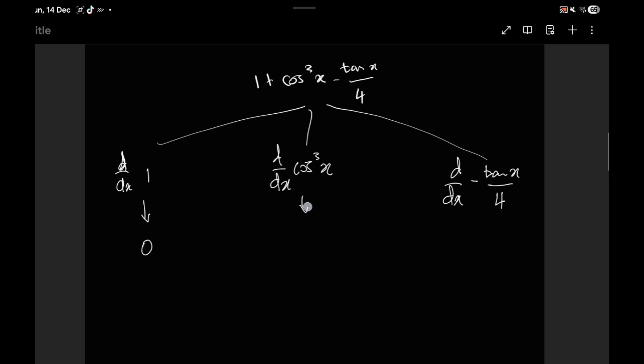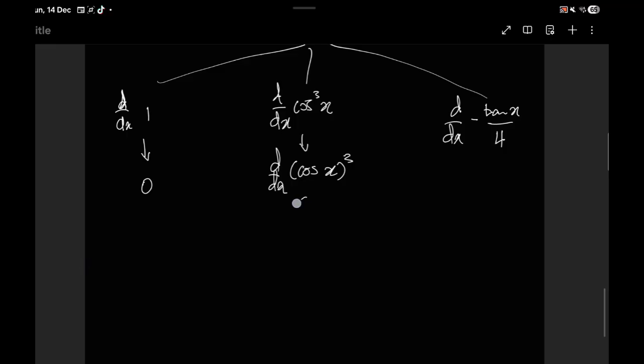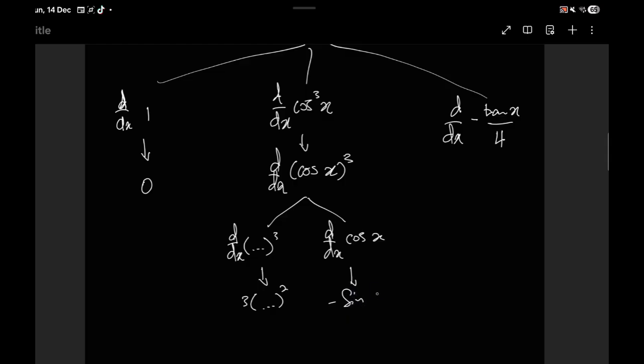Let's rewrite it a bit. We have d over dx of cos x to the power of 3. To differentiate it, we need to split it into 2 parts: the outer part, which is the power 3, and the inner part, which is the cos. The derivative of this one is 3 times the trig function to the power of 3 minus 1, which is 2, and then the derivative of cos x is negative sin x.